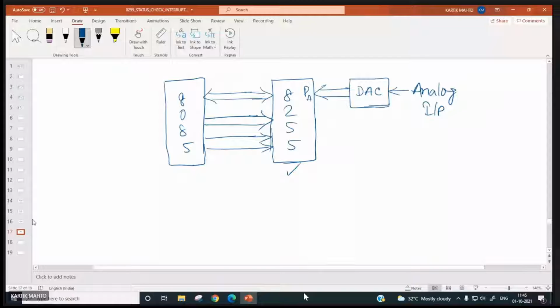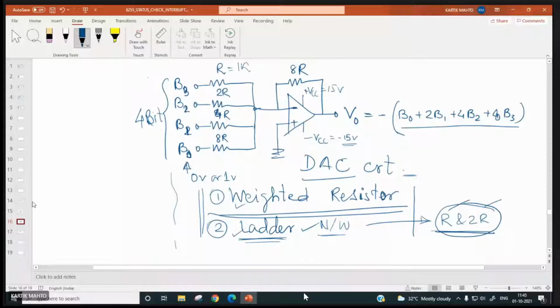Look into the circuit here. What do you find? Does this circuit require any time? If inputs are changed, is the output not changing? From the circuit, can you analyze and tell me that when there is a change in the input, the output changes at the same time or at a different time?